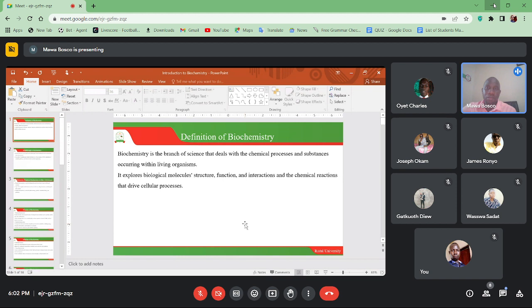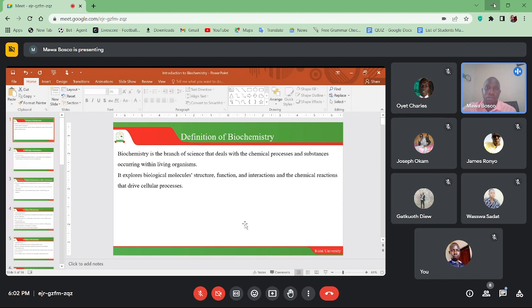Okay, so for example, water. Water consists of two hydrogen and the oxygen atom. So the bond between hydrogen and the water molecule is a hydrogen bond.